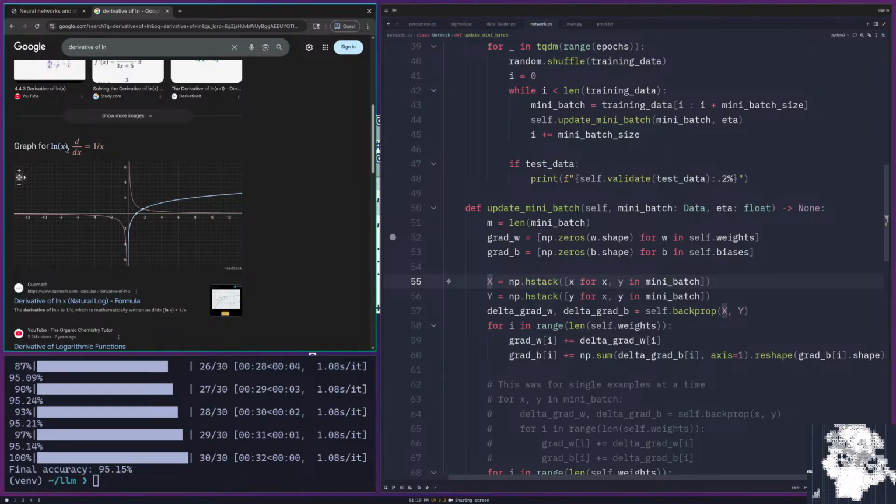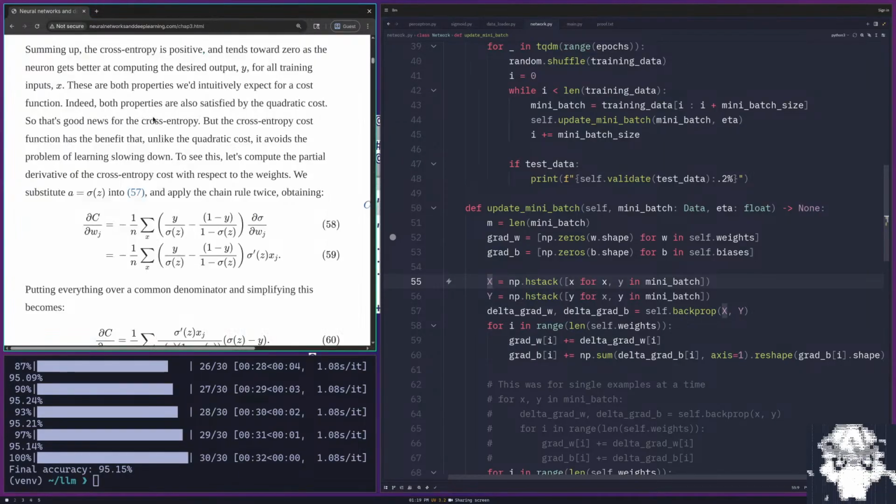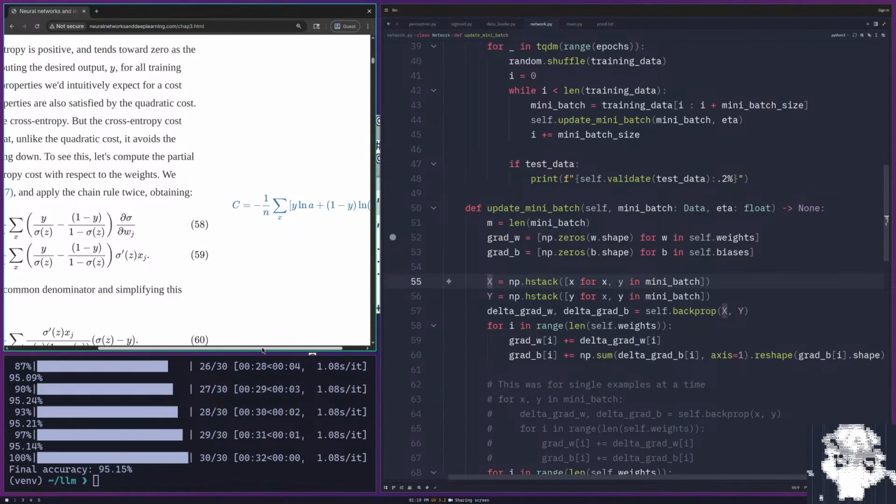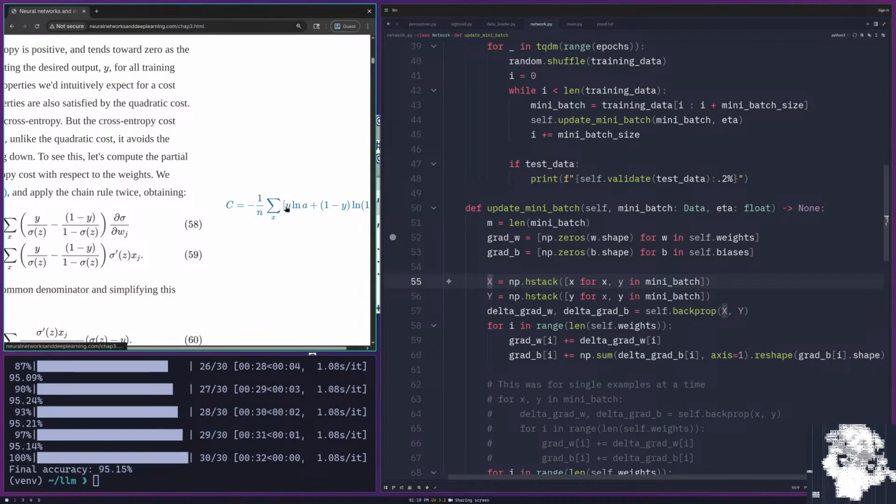The derivative of ln of x is 1 over x. So I'm guessing we have y times ln of a, where a is equal to sigmoid of z.